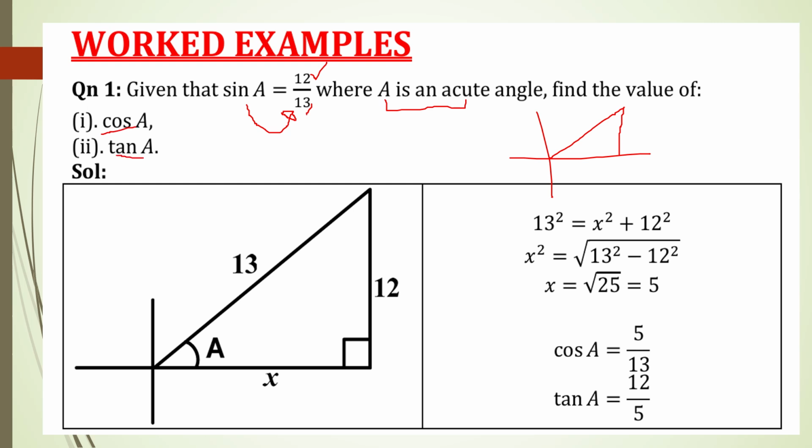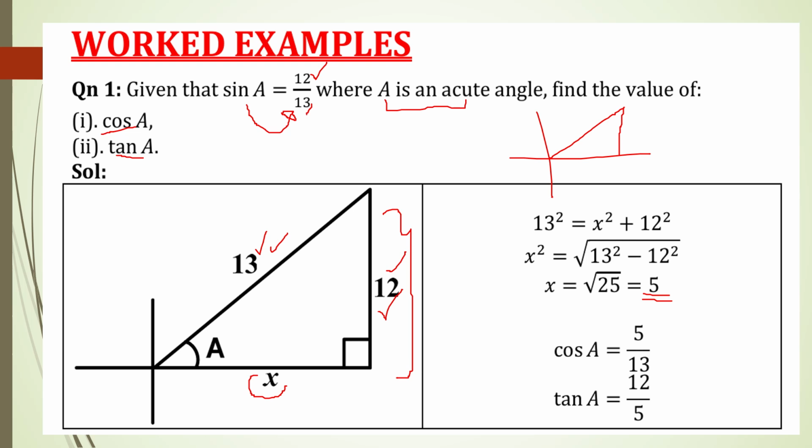So we come and then we make our sketch. So sine means opposite, which is that, divided by hypotenuse, which is this. So we don't have our adjacent. So we are going to use Pythagoras theorem to determine our adjacent. And with that, it's going to be the square root of 13 squared minus 12 squared to give us 5 units.